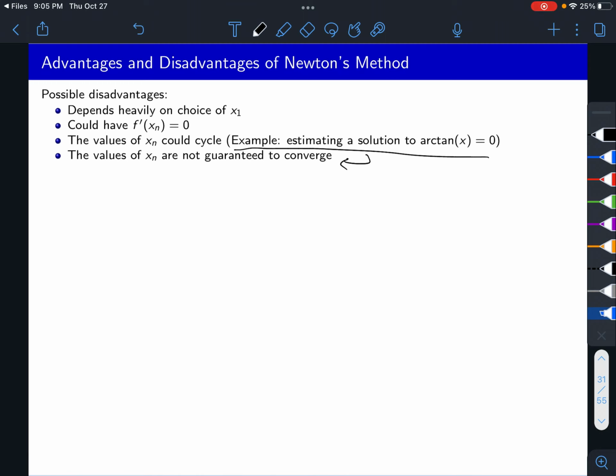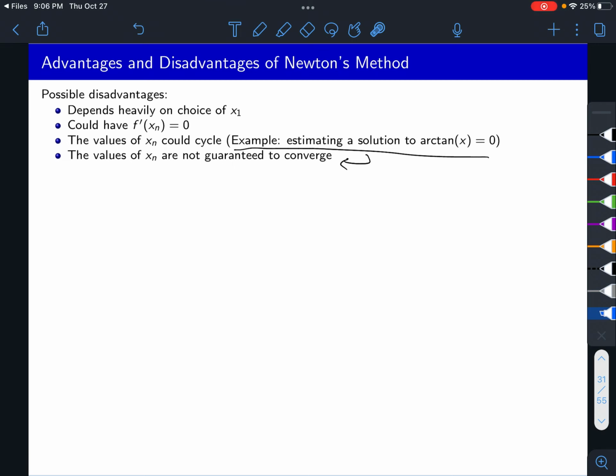But the point is, for some initial guess, if you were to approximate a solution to arctangent of x equals 0, which is not a hard thing to solve algebraically, like if you were to do this in a trig class, you could do it very quickly, the approximations to this solution would very quickly jump off to infinity. They would not converge to any specific number.